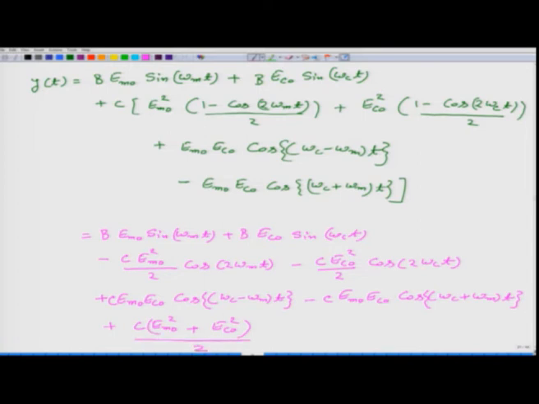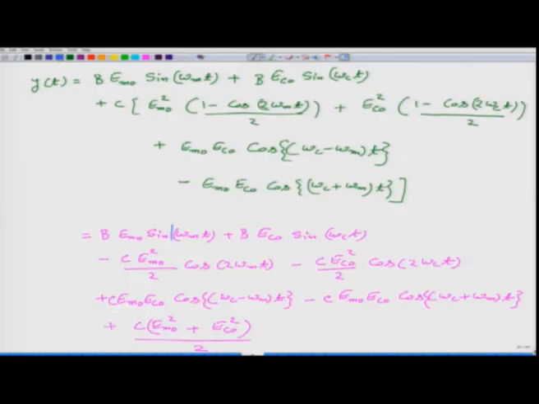So, if we pay close attention to this equation, we see that this equation contains a lot of frequencies. This equation contains at least 6 different frequencies. Let us see what they are. So, the first frequency is omega m, that is our frequency number 1. Frequency number 2 is omega c.